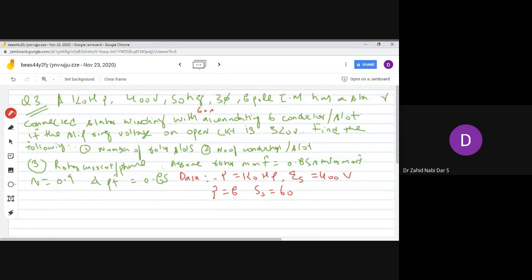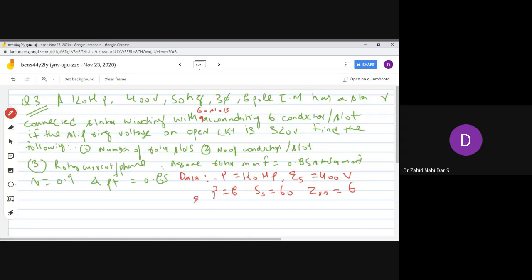I just forgot to mention 60 slots over here. So this is given, 60 slots, and your ZSS, conductors per slot, is given, that is equal to 6. And another value you have is your ES value.